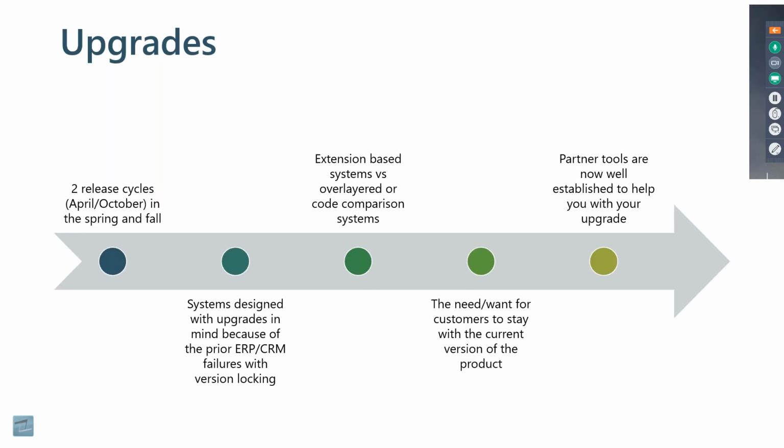And then lastly, for customers that want to stay on the actual version, we have partner tools that help with that upgrade too, because there's always going to be the inevitable change that could break an extension, because maybe Microsoft removes a feature that extension required. But we have tools in place that Microsoft has created that help with the identification of those extensions that need to be updated to support the new version.